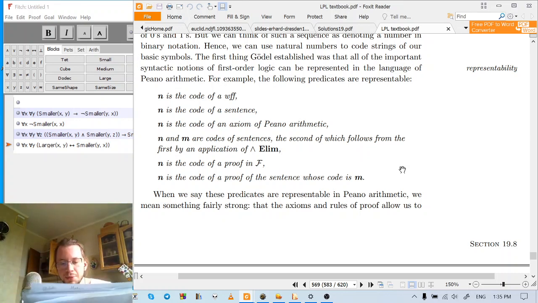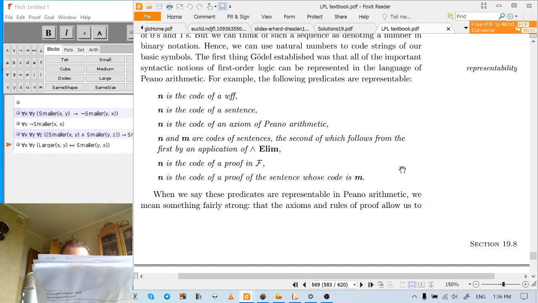So Gödel established that all of the important syntactic notions of first-order logic can be represented in the language of Peano arithmetic. For example, the following predicates: N is the code of a well-formed formula. N is the code of a sentence.